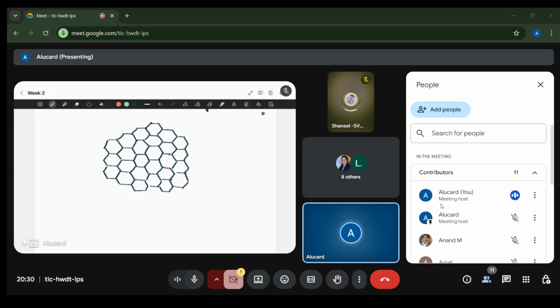Of course, all the cells should be of the same size. I'm not very good at drawing.